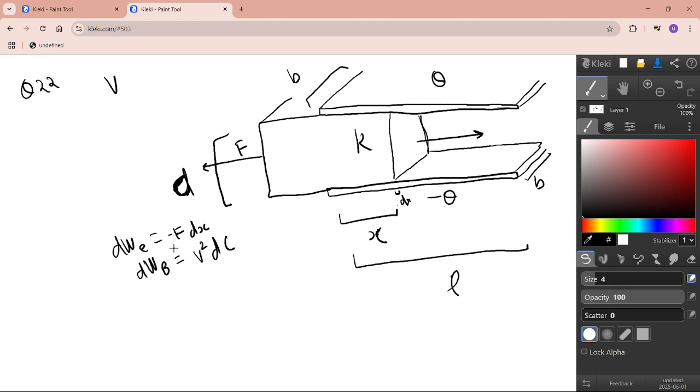Wait, the battery, I don't think here is being taken as an internal force. Wait, wait.